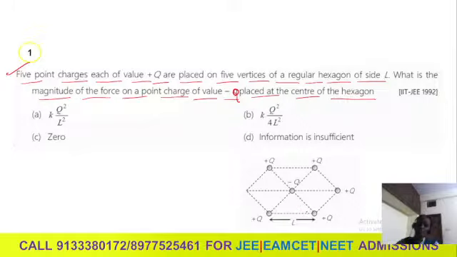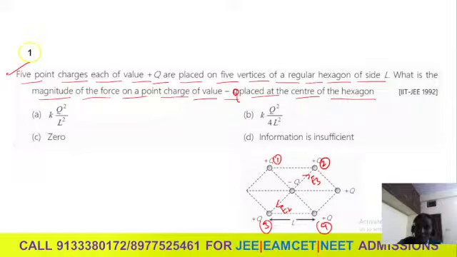So we can know that at the center, due to similar charges, as per the direction of the electric field, let it be 1, 2, 3, 4. First, I am taking these four corners. So E3, E2. Due to similar charges at the center, the direction is opposite.